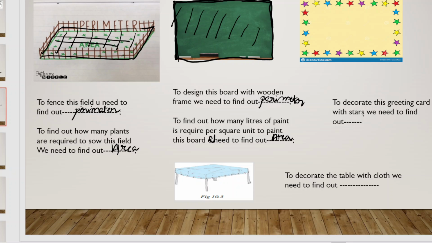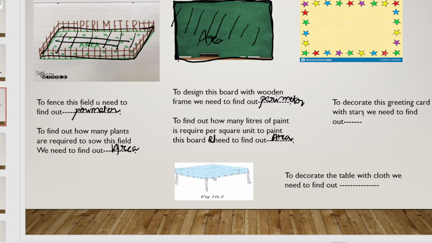Suppose per square meter 200 grams of paint is required, then how much paint is required to paint the entire board? Then you need to find out the area of the board, and like this we can find out the area and perimeter in such situations.